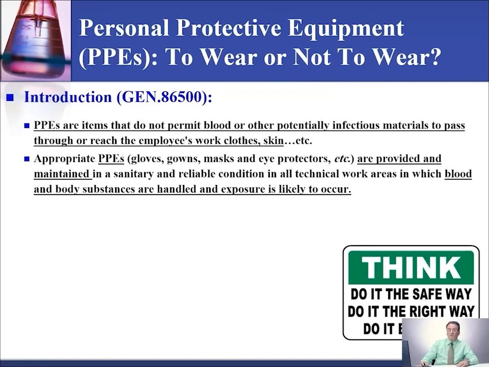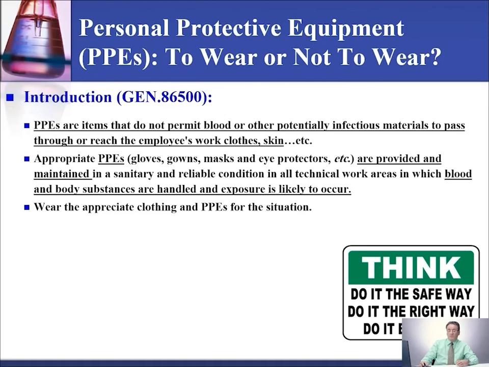Provided by whom? Provided by the laboratory. Are provided and maintained in a sanitary and reliable condition in all technical work areas in which blood and body substances are handled and exposure is likely to occur. So the employer should provide PPEs for the employees.